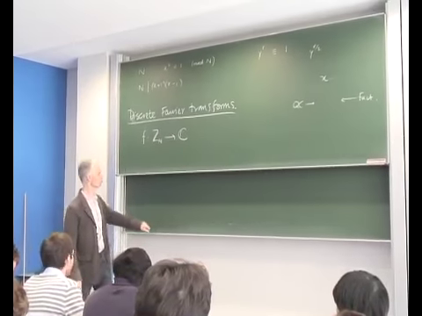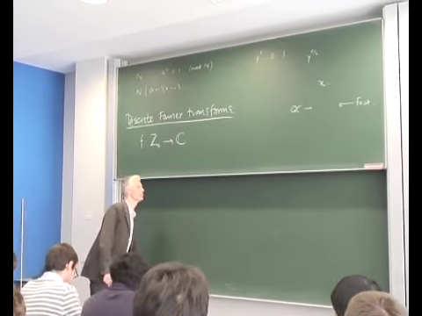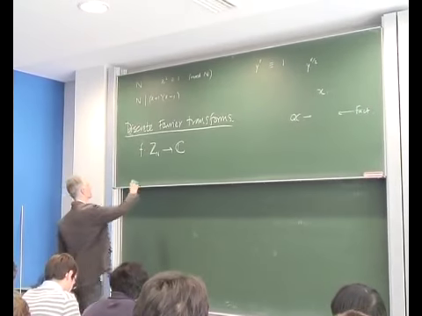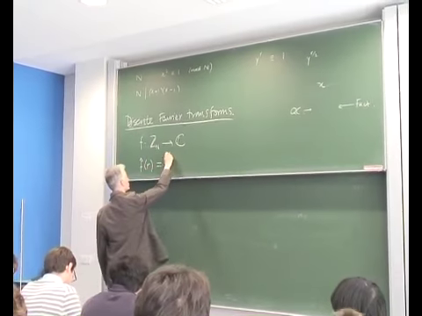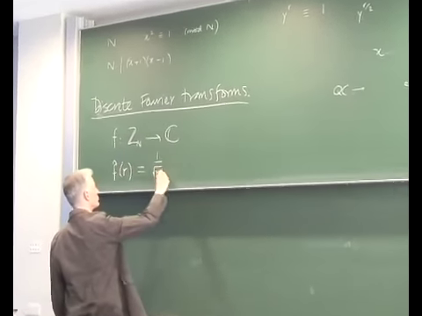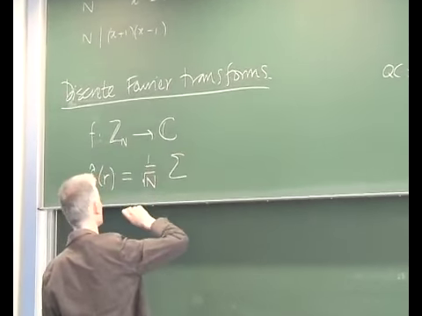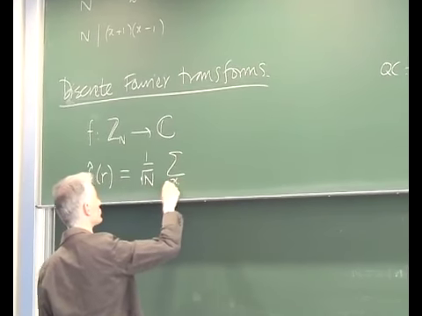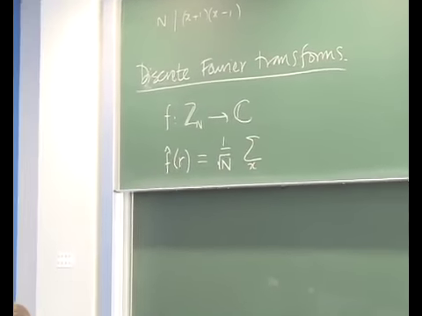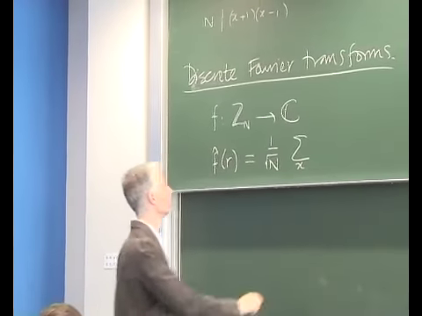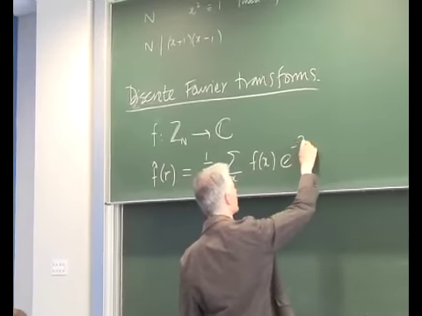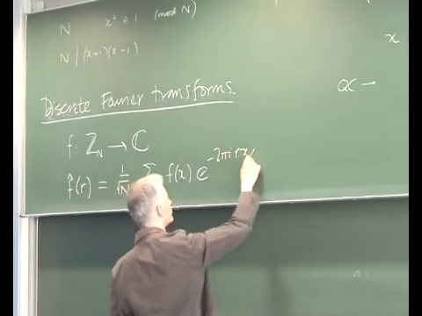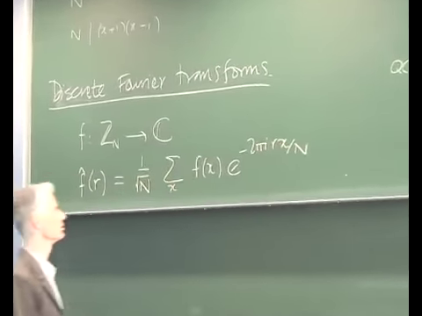Let me just write down a formula for the discrete Fourier transform. It goes like this: f hat at r equals, and here's my normalizing factor to make it unitary, I'll prove that it's unitary in a moment, the sum over all x in Zn of f(x) times e to the minus 2 pi i r x over n.